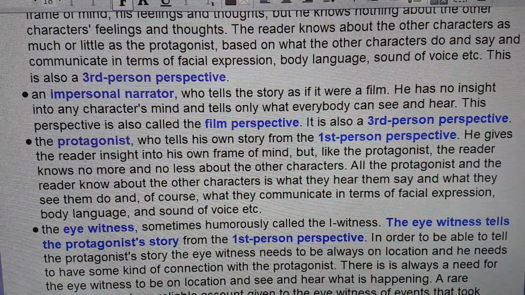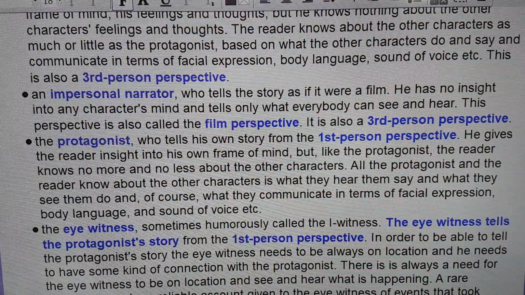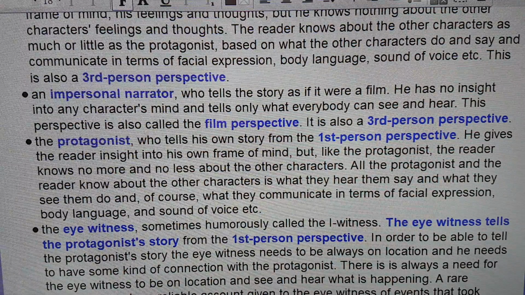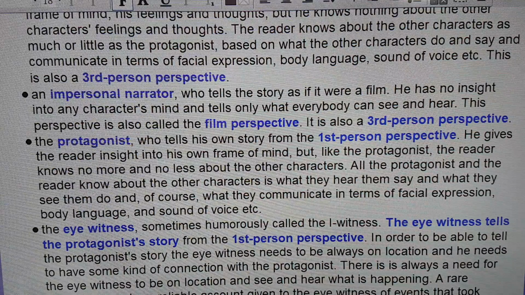And then a last perspective that I would like to introduce you to is the eyewitness. Really, the eyewitness sounds a bit like crime fiction, but no, this is the eyewitness. The technical term is the first person observer.